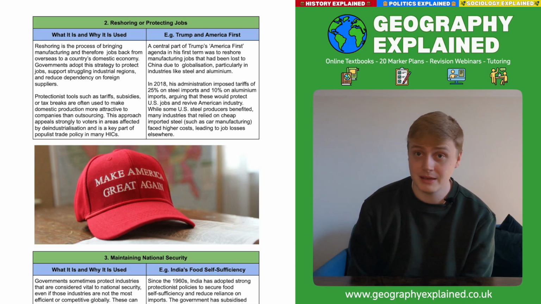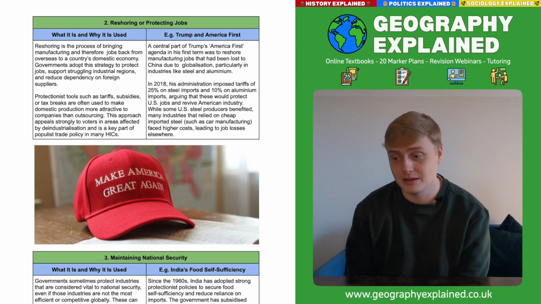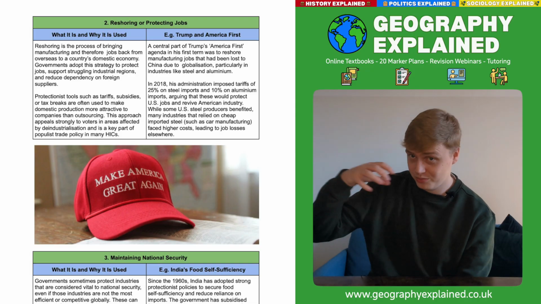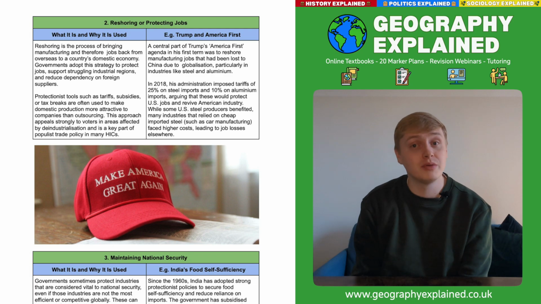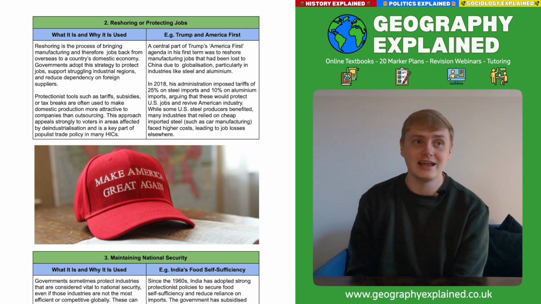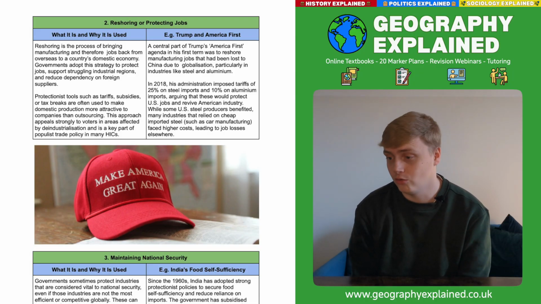But governments might step in because they don't want to lose jobs from their domestic economy. So they might use protectionist tools such as tariffs, subsidies, or tax breaks to help companies in the United States. So might give them more money. Therefore, that makes it cheaper for them to produce in the United States and reduces the incentive to go and produce instead in China, for example, or Vietnam, or China is where it often happened.